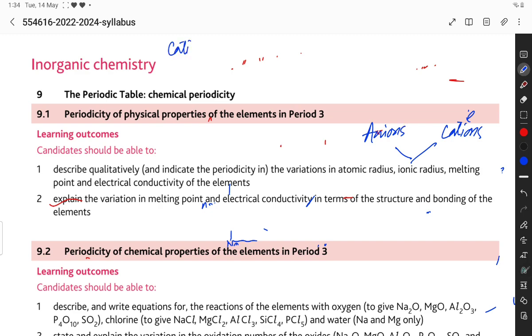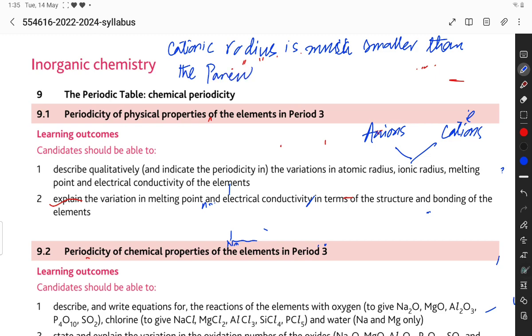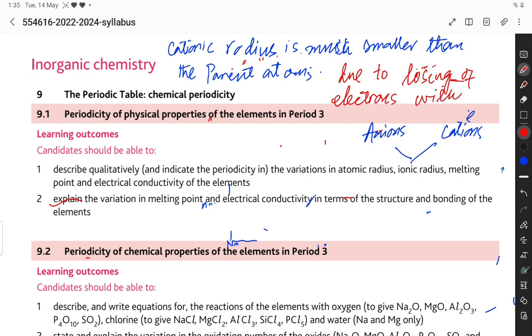Cationic radius is much smaller than the parent atom due to losing of electrons with decreasing number of shells.